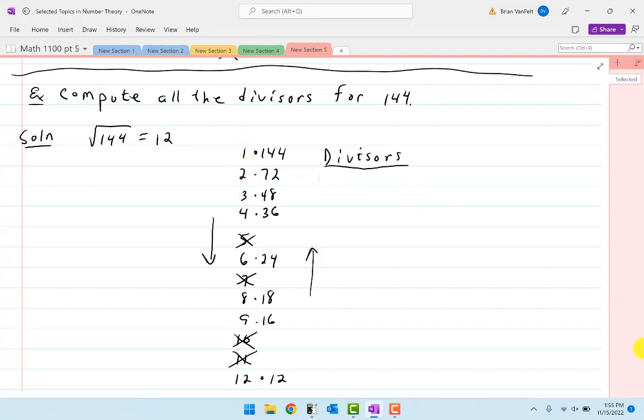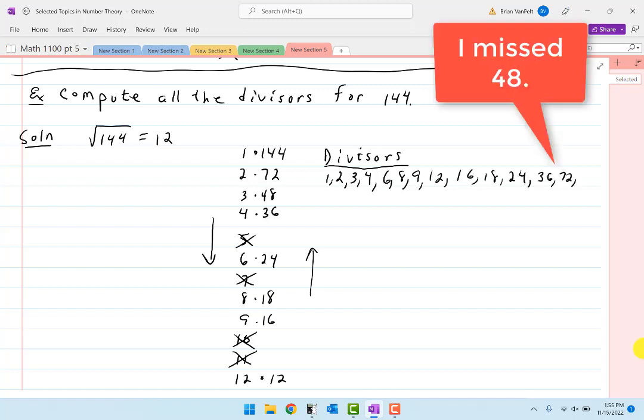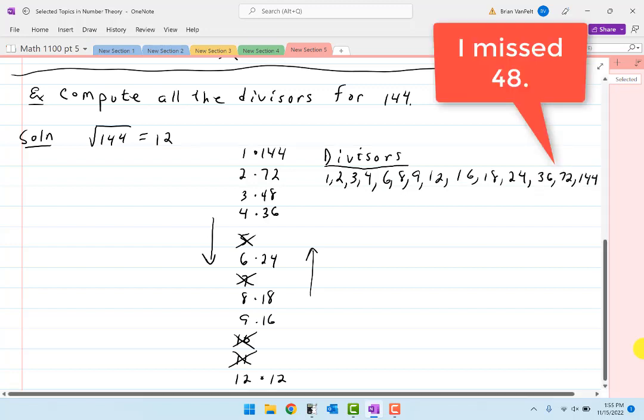Let me go ahead and collect those. I have 6, 8, 9, and 12. Now you don't list 12 twice. So then as I go up the other column, I have 16, 18, 24, 36, 72, and 144.